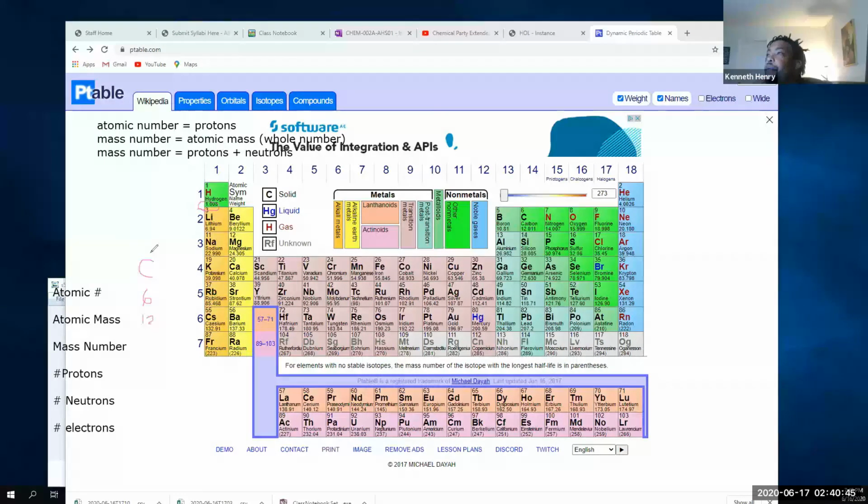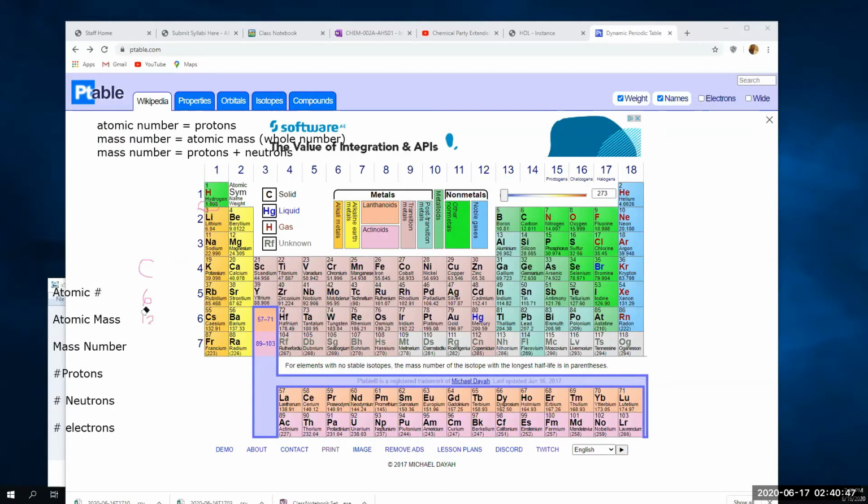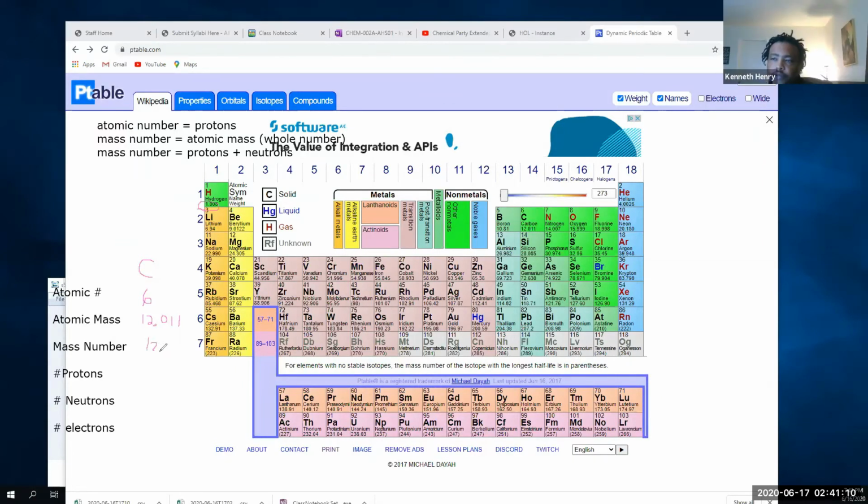Our atomic mass for carbon is 12.011. Number of protons? 6. Number of neutrons? 6. Number of electrons? 6.